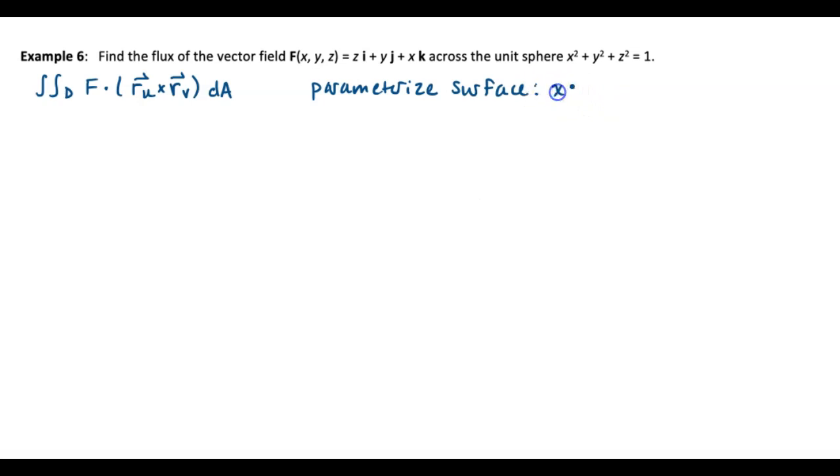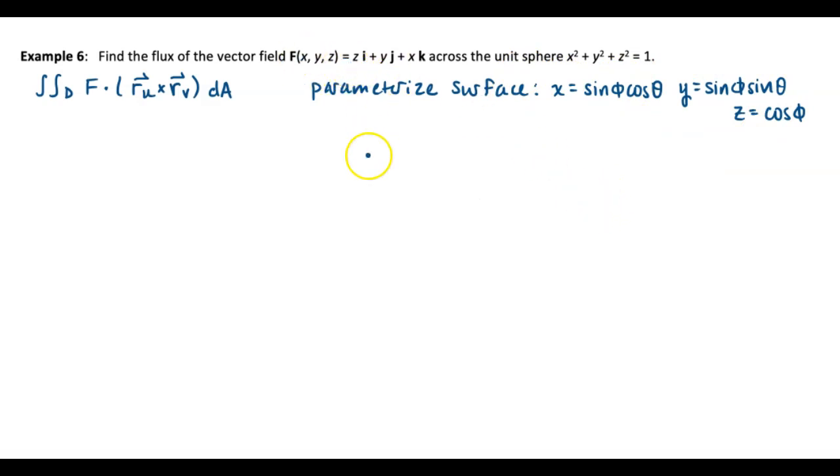And so I'm going to let x be equal to rho, which is 1, times the sine of phi cosine of theta. I'm going to let y be equal to rho, which is 1, times the sine of phi sine of theta, and z can be equal to rho cosine of phi. So I've got the parametrization of this unit sphere.